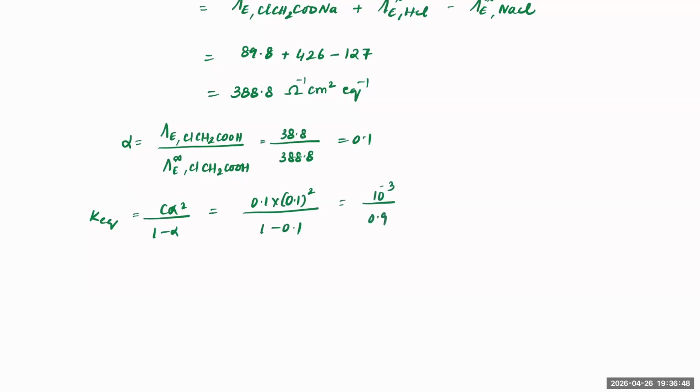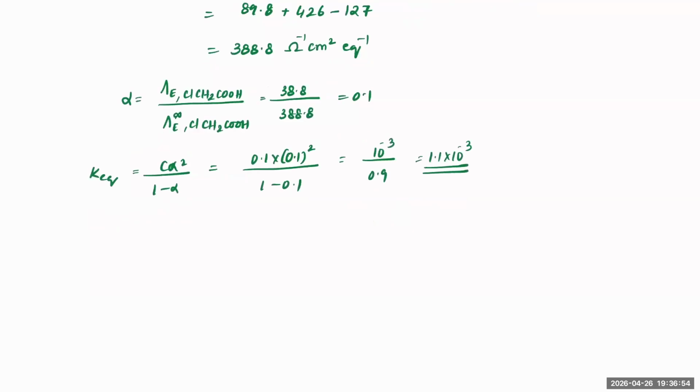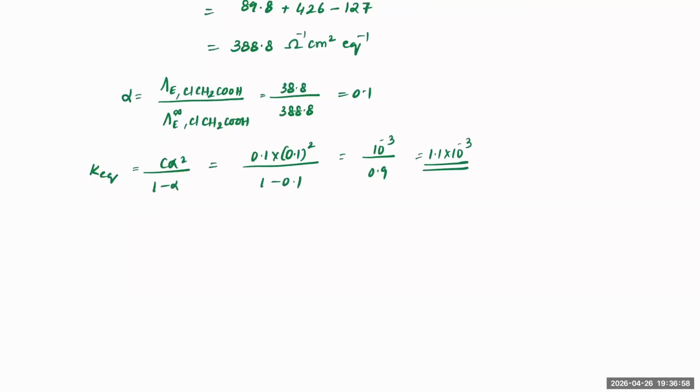If you calculate that, I get 1.1 into 10 raised to power of minus 3. This is the equilibrium constant value, and since it is an acid, I can call it Ka. So Ka of ClCH2COOH is 1.1 into 10 raised to power of minus 3.